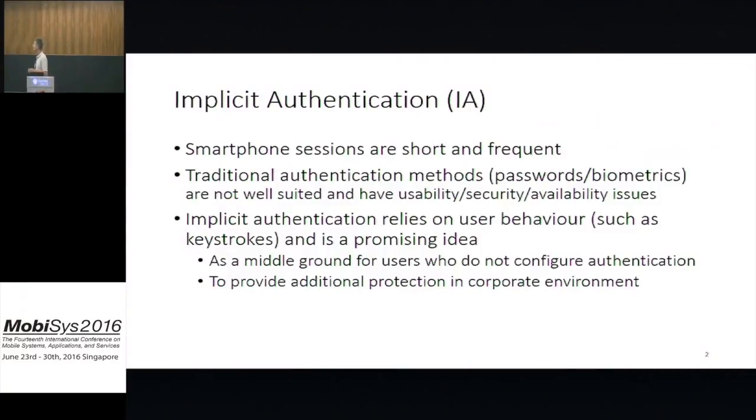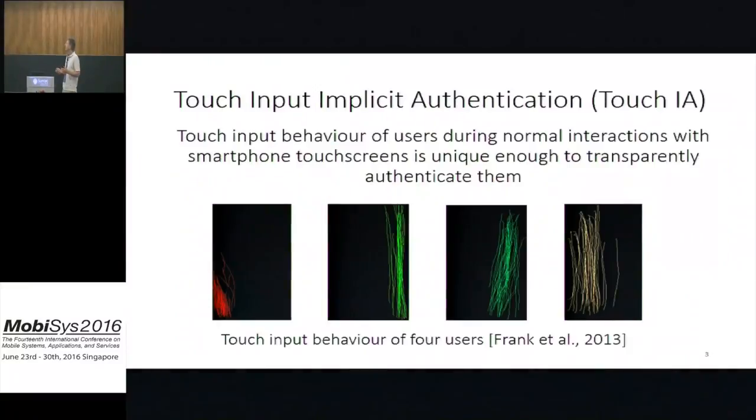There are multiple usage scenarios for implicit authentication. For example, it looks like it would be very attractive for people who currently do not have any authentication at all on their smartphones. There are multiple ways in which we could implicitly authenticate people, and one of the ways that has been proposed is touch input implicit authentication, touch IA for short.